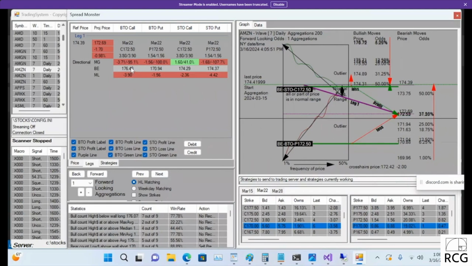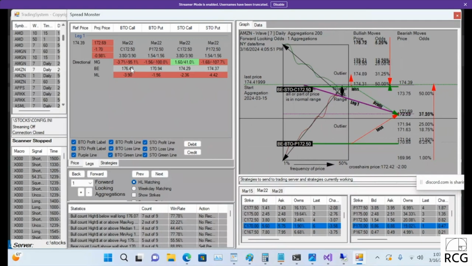Technically, on a sell to open call, there's a big maximum loss that can be incurred, right? If you're selling a call, literally your maximum loss is unlimited, because it could go up infinitely. Technically, it could go forever.